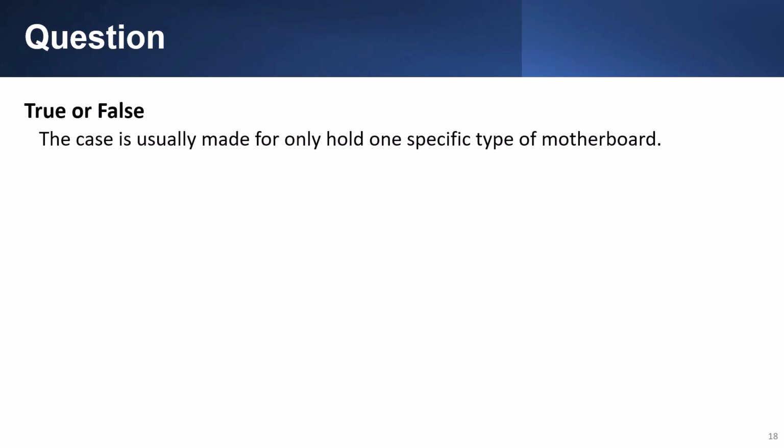Question: true or false? The case is usually made for only one specific type of motherboard. Answer: false. When form factors were discussed, cases can usually hold different types of motherboards.